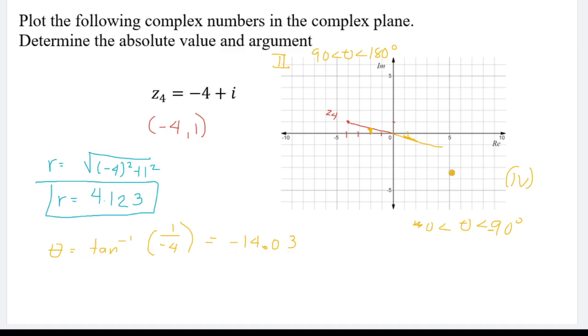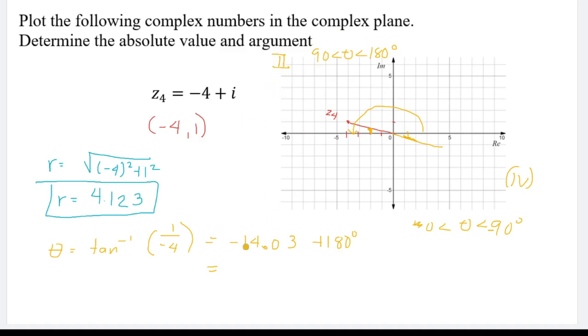So, ibig sabihin pala, kailangan ulit tayong mag-add or mag-subtract. So, mapapansin natin, kung ito ay negative 14.03 at itong angle natin mula sa positive x-axis ay 180, so kailangan na natin mag-add ulit ng 180 degrees. At titingnan natin kung papasok ba itong sagot natin dun sa ating boundary ng ating second quadrant.